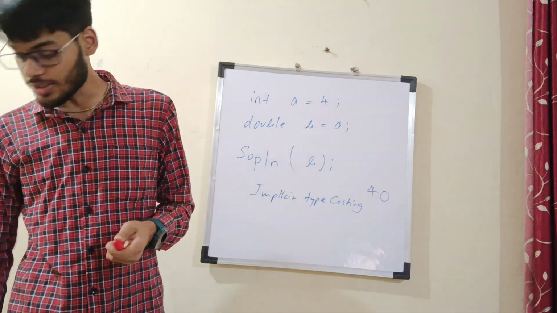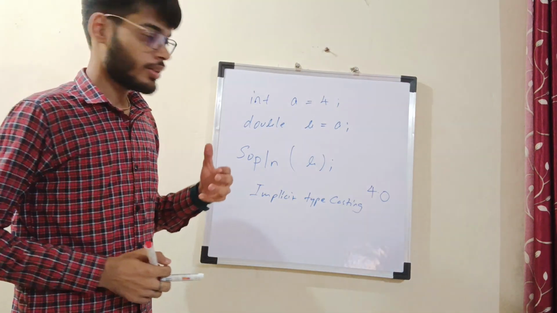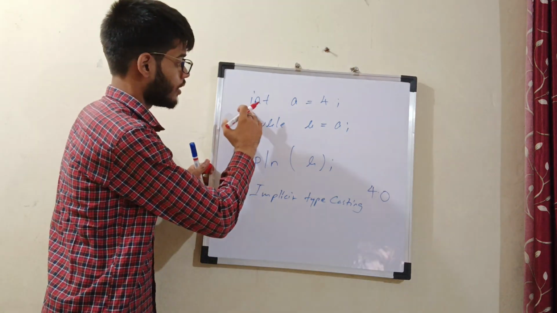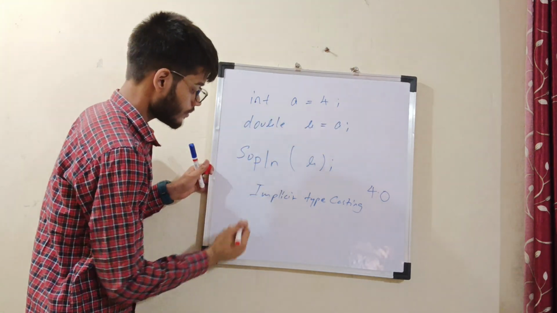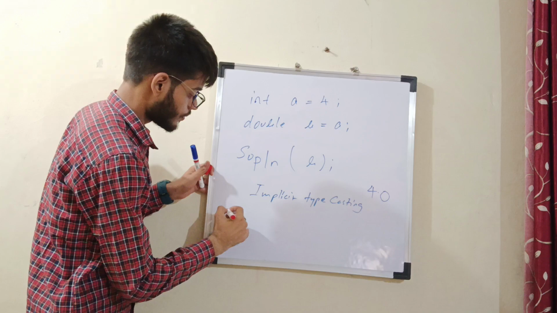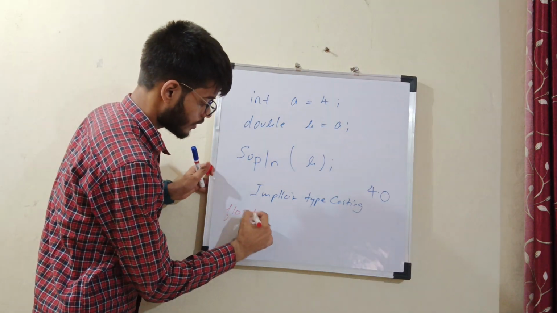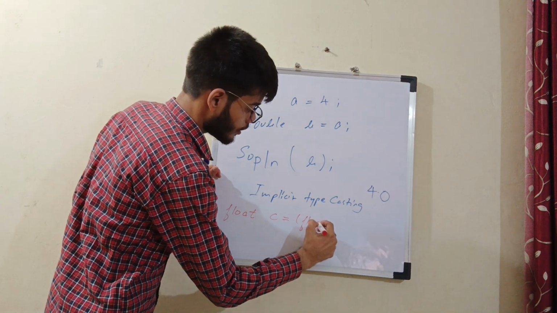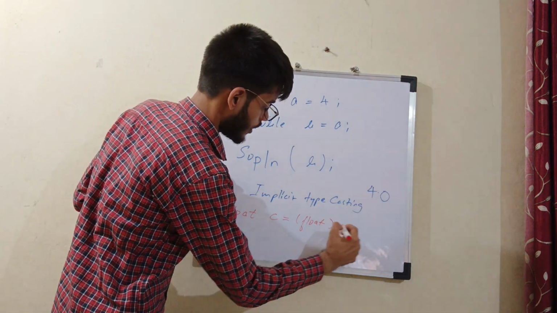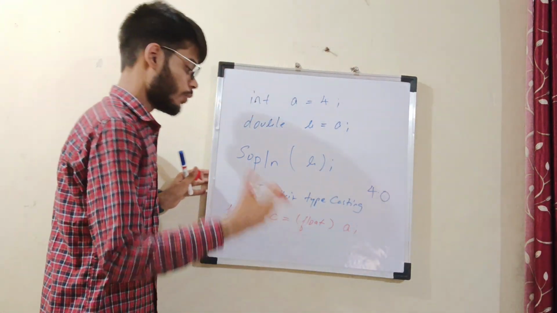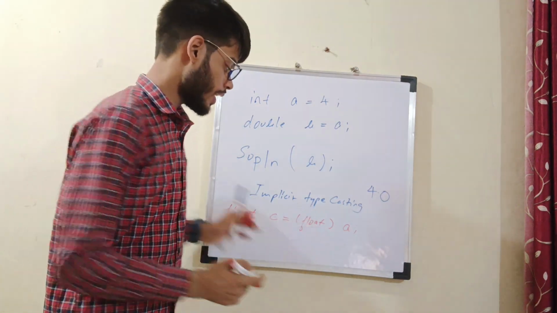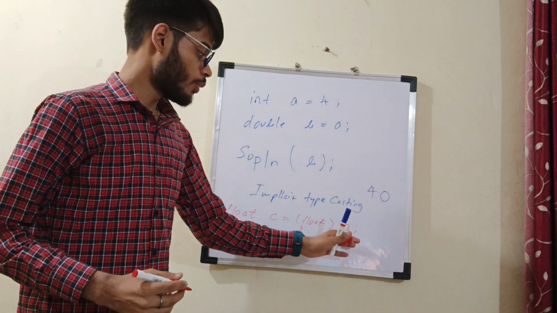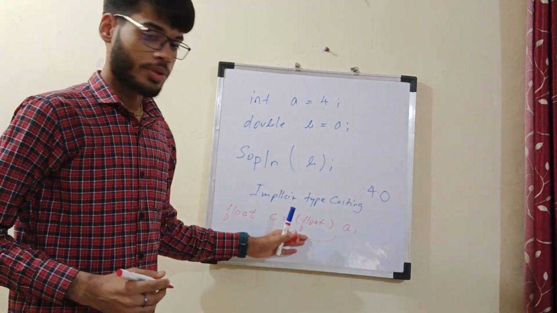Now let's take an example of explicit typecasting. In explicit typecasting, the user performs the conversion. Suppose I say float c equals (float) a. What I'm doing over here is trying to convert the data type of a to float.